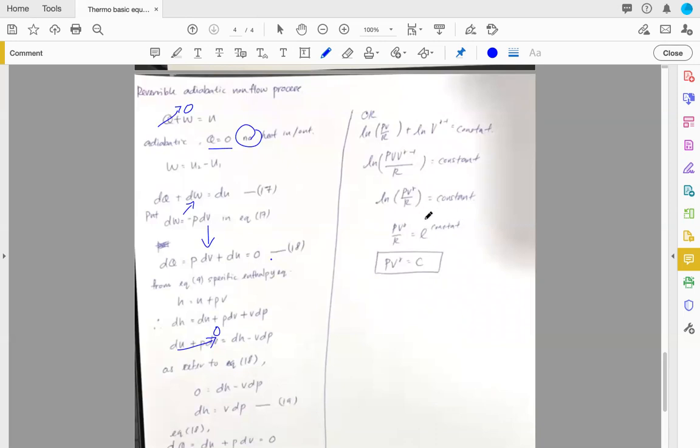Since this is a constant, this is C, and the R is also constant, I put it here. And therefore for adiabatic, P1 V1 to the power gamma equals P2 V2 to the power gamma. Is that okay? So you have to remember these things.